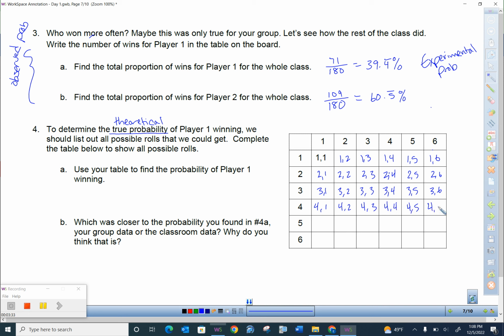Okay, each of these things that we're writing down right now are called outcomes because they are possibilities that could show up when we roll 2 dice. And together, all of these outcomes make up what's called a sample space, which is just a set of all the possible outcomes for a given situation.